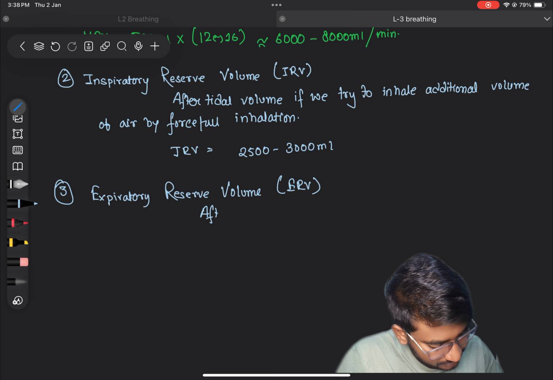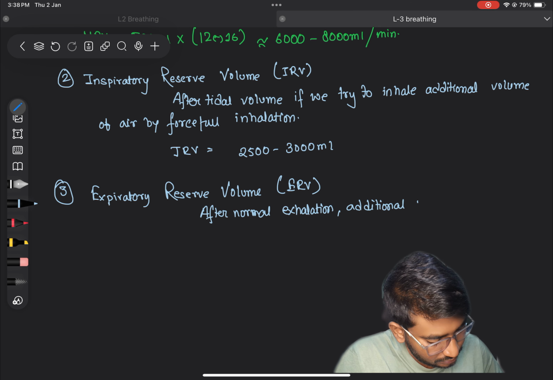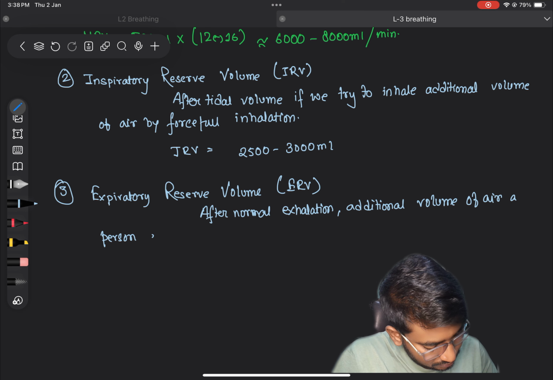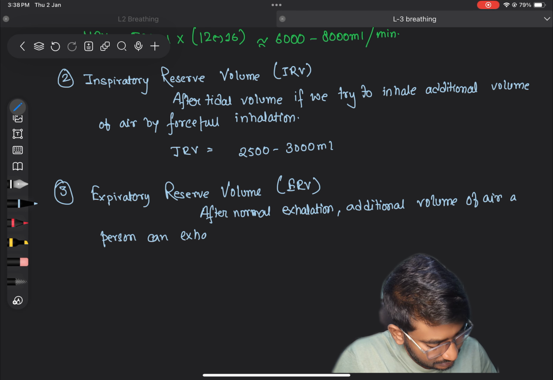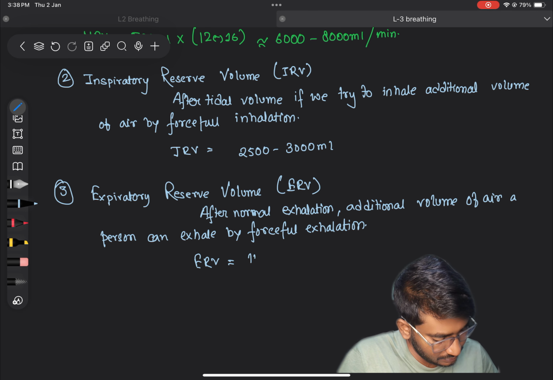After normal exhalation, the additional volume of air a person can exhale by forceful exhalation. That is, ERV equals 1000 to 1100 ml.